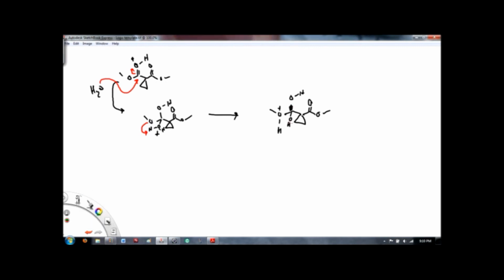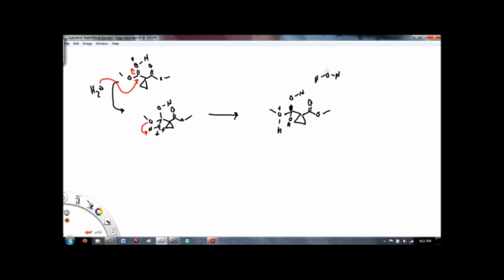So at this stage, it doesn't matter if we, for example, regenerate our acid catalyst from this OH or this OH. It doesn't matter. But once again, for complete clarity and to be complete with the mechanism, we're going to have water floating around here.